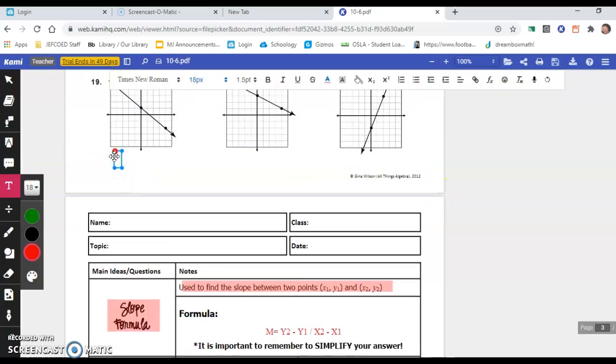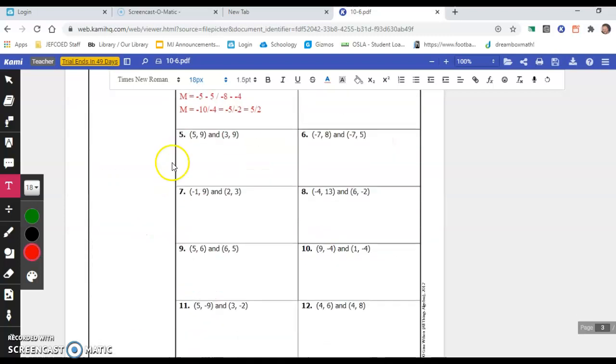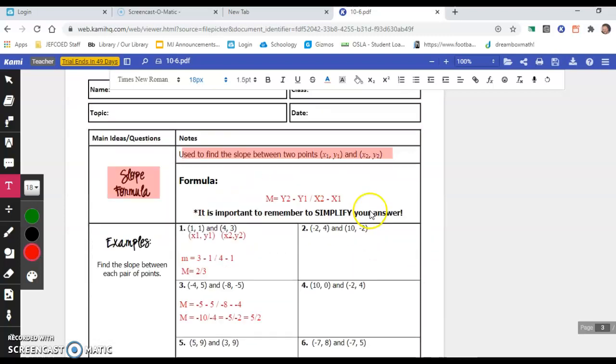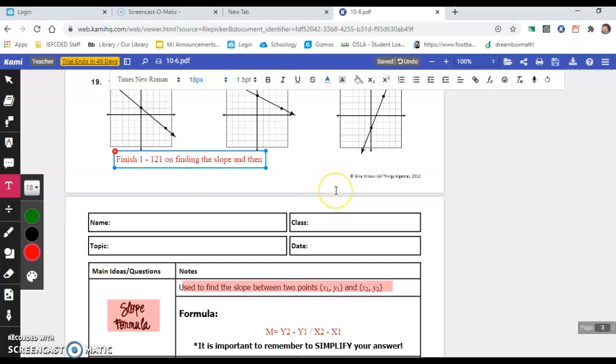So you guys are going to finish 1 through 21 on finding the slope, and then you guys will finish, what did I say, 1 through 8 or 1 through 10? And then 1 through 8 using the slope formula. Okay.